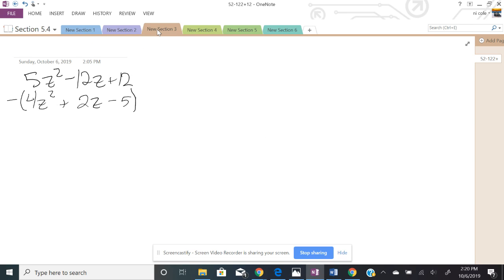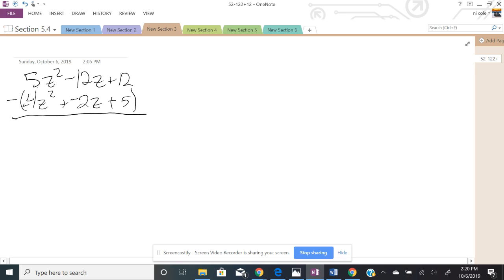Another way you might see it is like this. Okay, so it'd be 5, and you can do this straight off. But what I want you to remember is I highly recommend taking that negative and distributing it all the way through, so that you don't make that mistake.